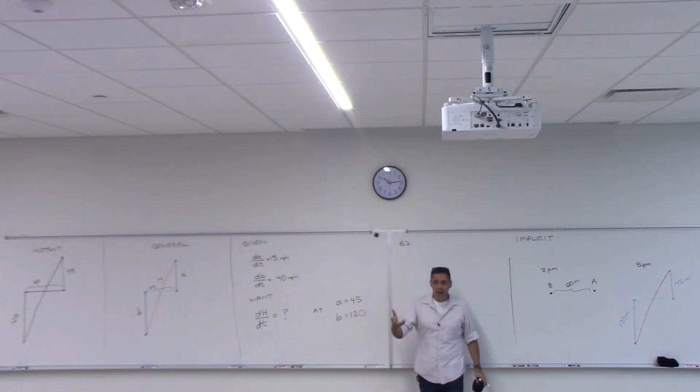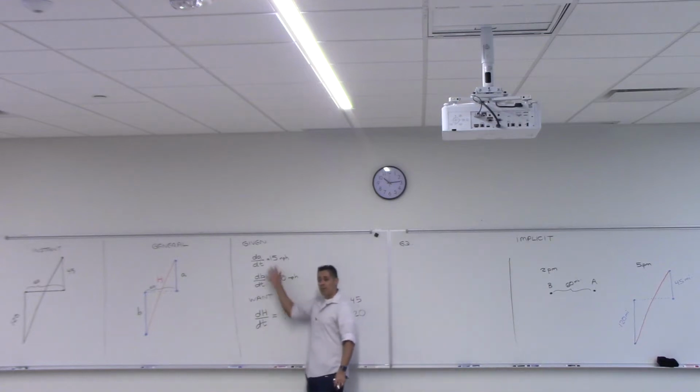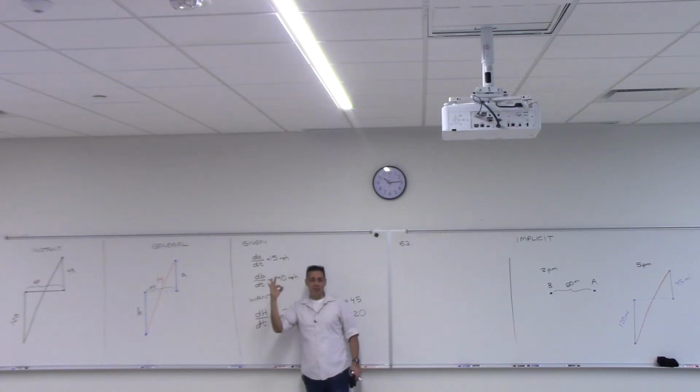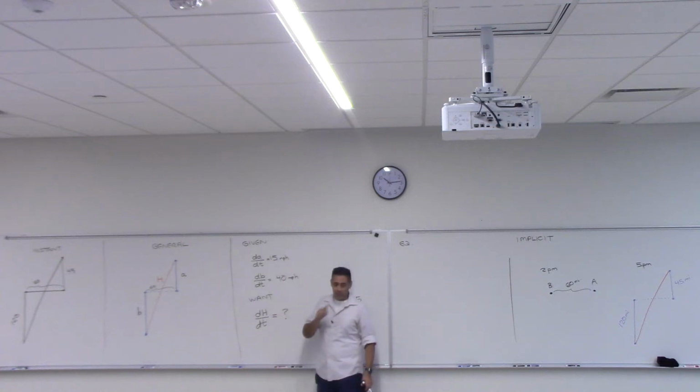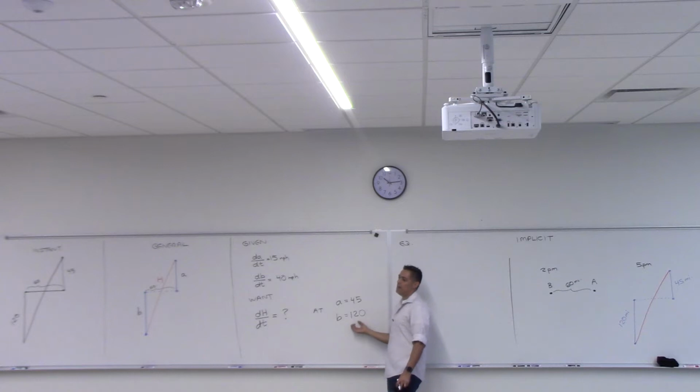I could talk about time, or about a and b. I'm going to go with a and b because most likely the equation I come up with is going to have a, b, and h in it. All three variables have to be in this equation because when I differentiate it, I need all of these. So I probably want to know what's happening to a and b at that moment in time.